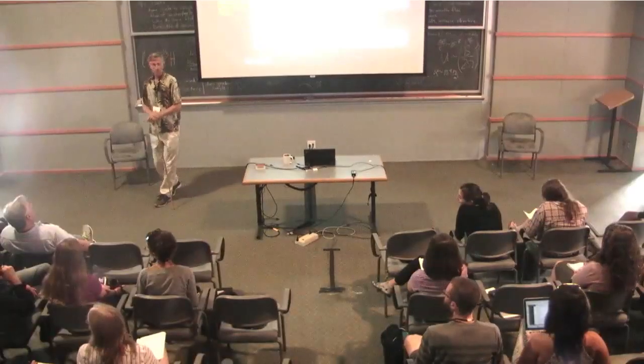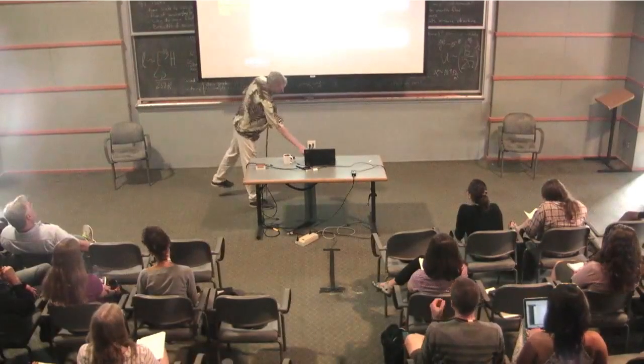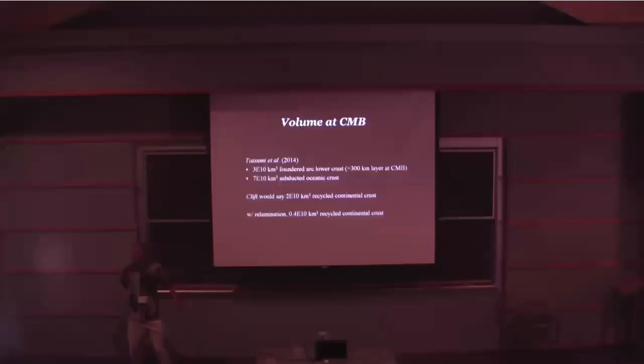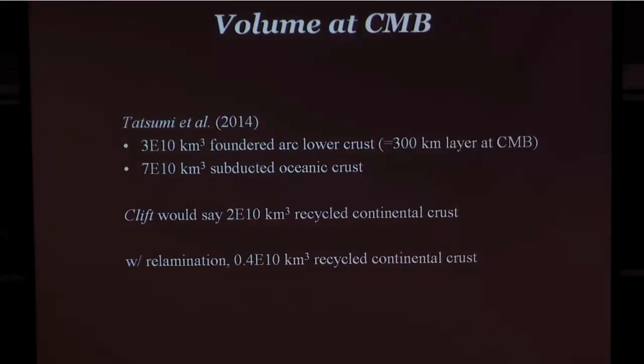Yeah. So on the previous slide, if you add these numbers up, you're looking at 100 billion cubic kilometers of stuff that should be down there. So how big are the LLSVPs? And if you do a mass comparison, I wonder if it would be similar.